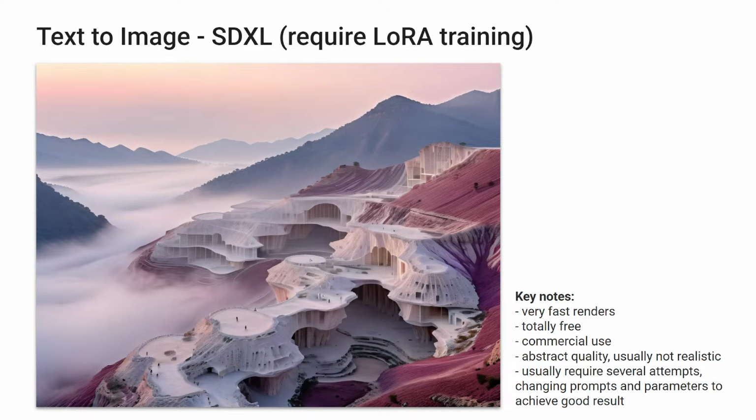Some of them do not really handle one or another job which you can provide, but basically, for example, SDXL is really fast, it's totally free, you can use it commercially, but the quality of the images is abstract. Sometimes it's good. For example, I really like how this image looks, but of course it's not a real architecture, it's an abstract image which you can use to direct yourself to one or another concept.